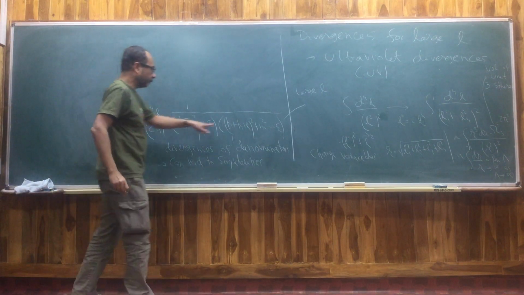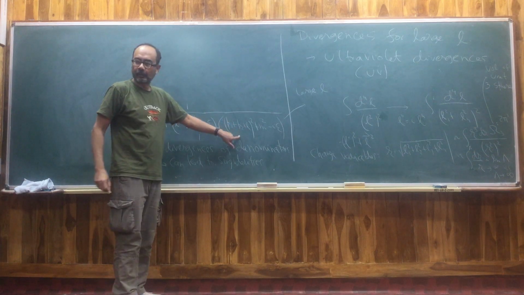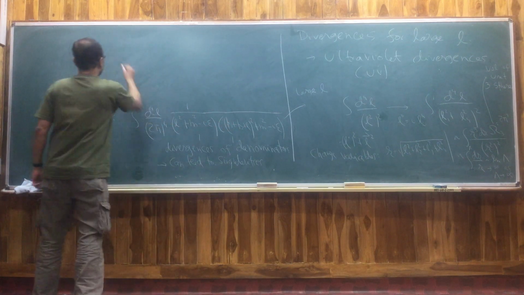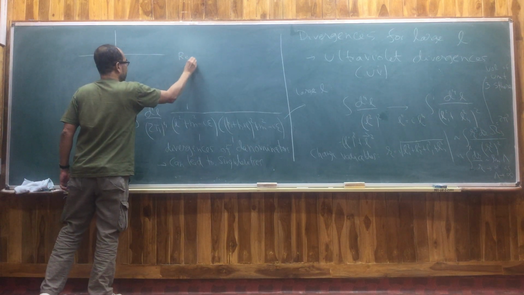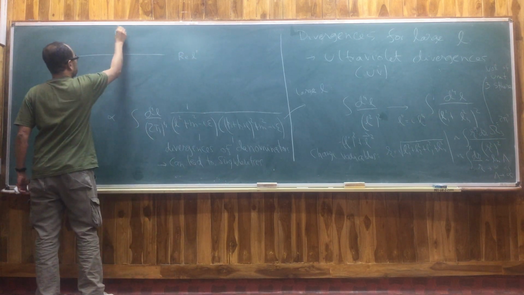So let's look at where the poles are, where the denominator can vanish, and we look at it as a function of L. This is real L0 and this is imaginary L0.